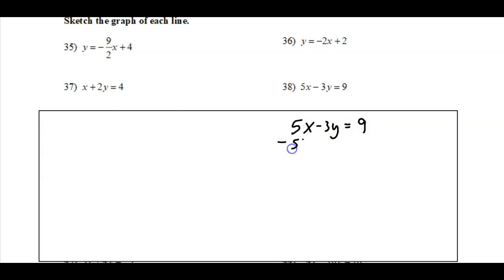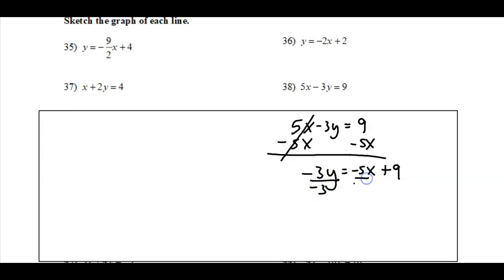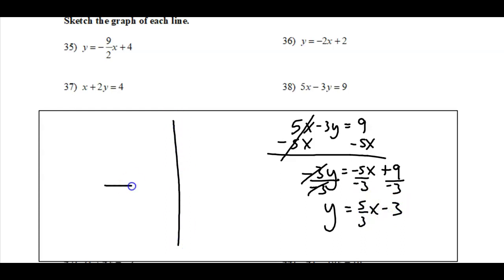So the first thing I'm going to do is minus the 5x on both sides. Next thing I'll do is divide everything by a negative 3. You get 5 over 3x minus 3 as a result. And now we're ready to graph it.